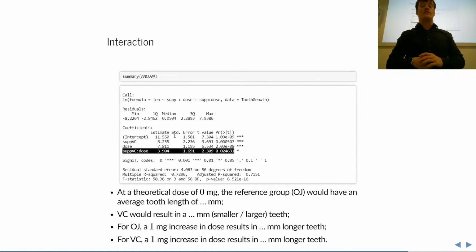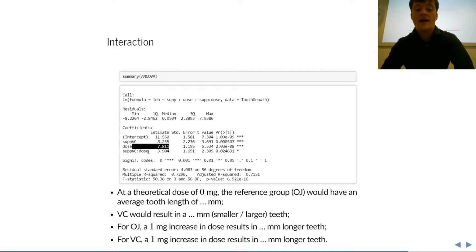If you're not the reference group, we have to look at two things at the same time. We have to look at the actual slope and at the difference from the slope if you are the other group. So if you're vitamin C, then this one is equal to 1, and we are using the dosage, which is non-zero. So that means we also have to add this.